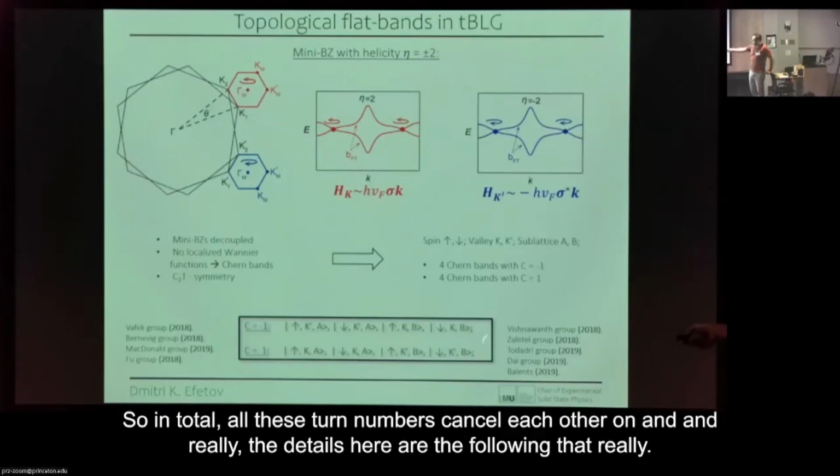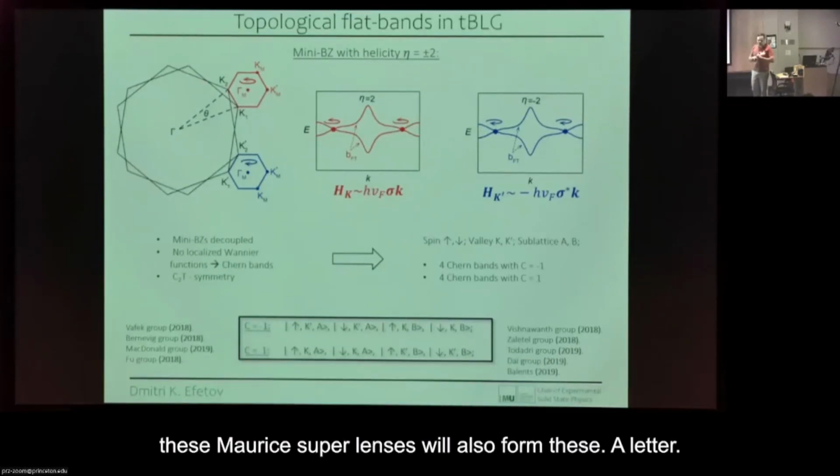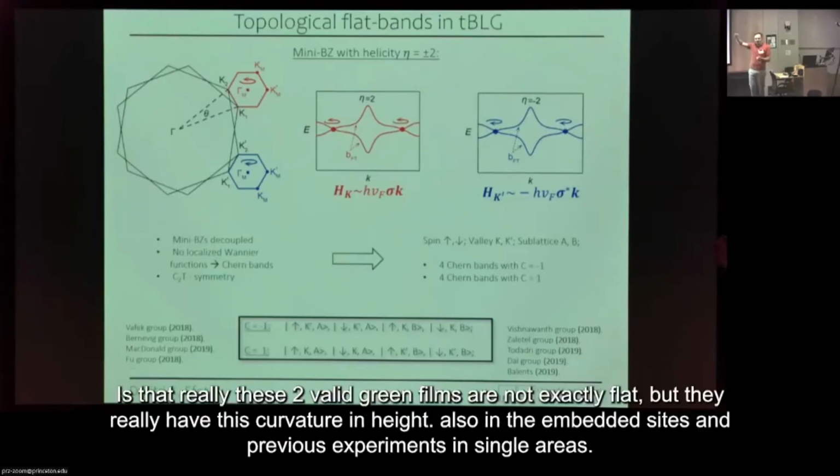And there were a lot of groups who have predicted these topological features. One way to think about it, which I found very intuitive, is that when you form these Moiré superlattices, the AA lattice sites also have a different height. This is what you saw in the STM measurements: these twisted bilayer graphene films are not exactly flat, but have this curvature in height at the AA lattice sites.